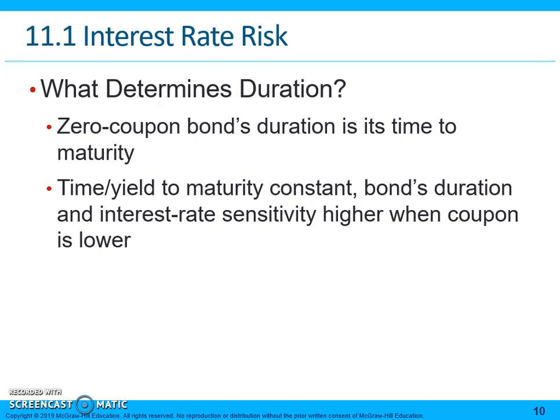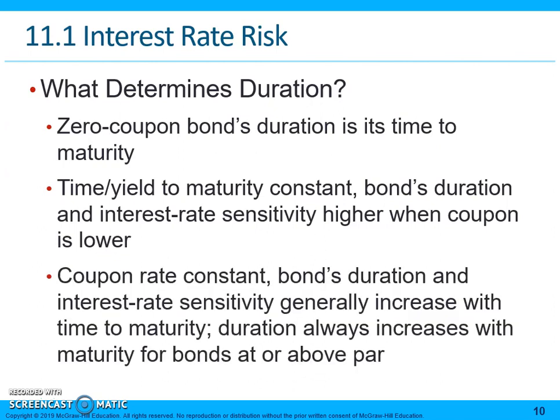Hopefully this makes sense. The most sensitive instrument we looked at previously was the zero coupon bond, and bonds with low coupons were more sensitive in price to yield changes than bonds with high coupons. That's because the intermediate cash flows are lower.